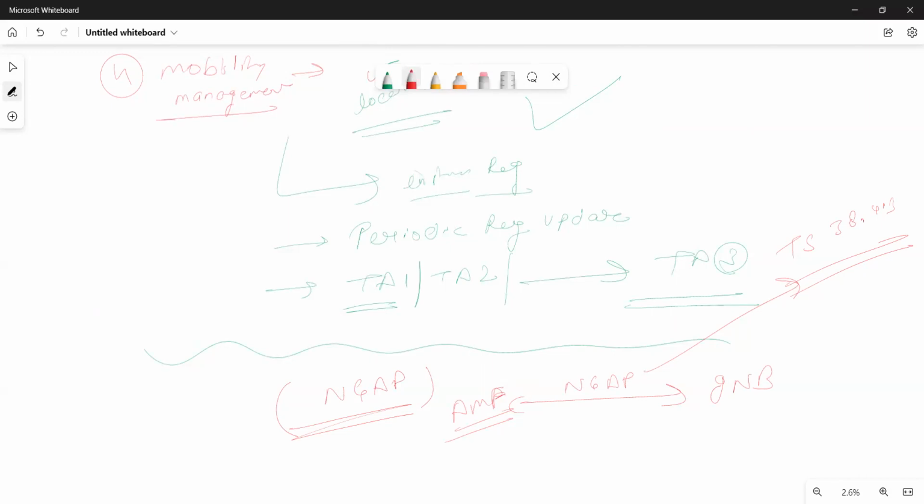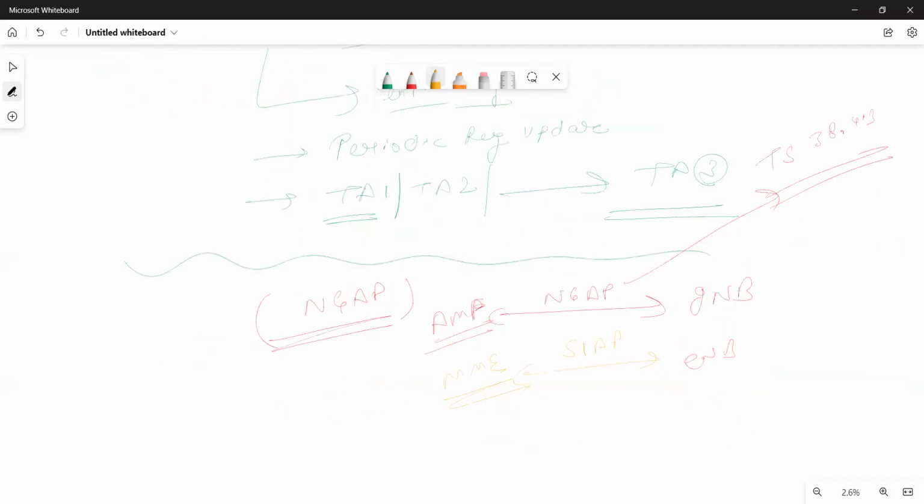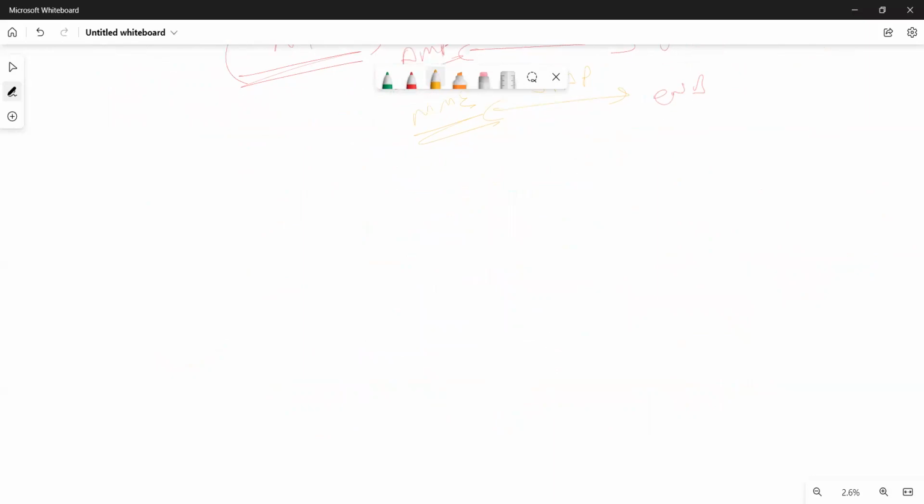If we talk about LTE, this is equivalent to the eNB and the S1AP protocol, which was connected to the MME. So this is similar to that. Now, the categories that involve NGAP signaling procedures, I'm going to write down some of them.